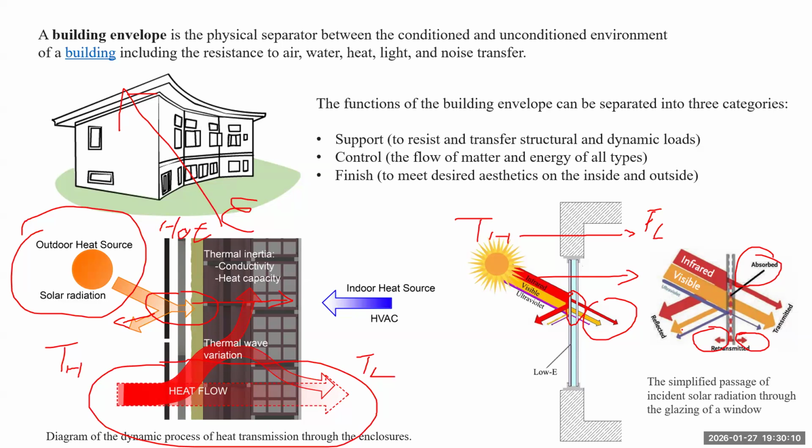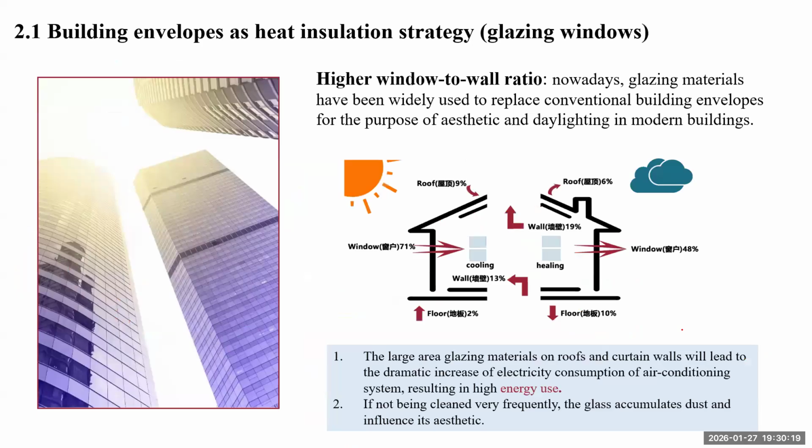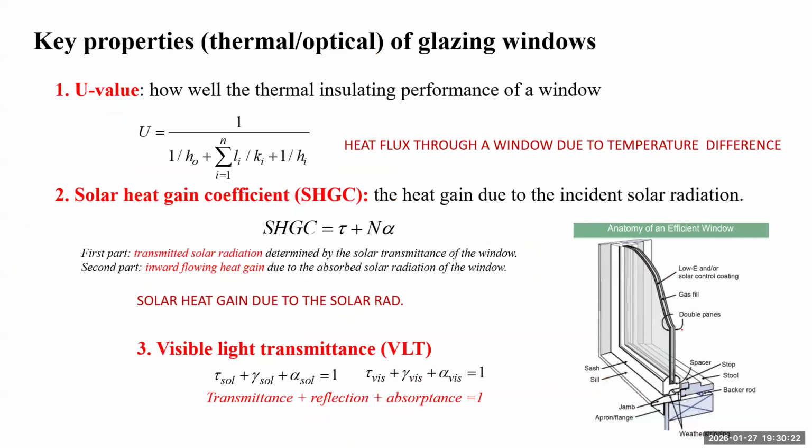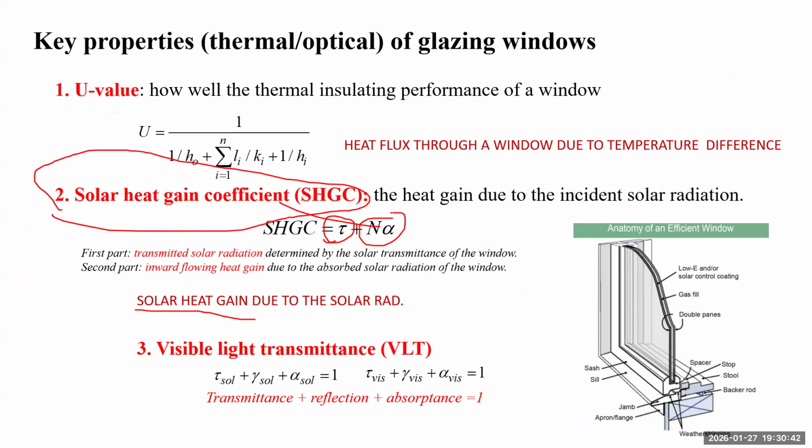We have a scientific term, the solar heat gain coefficient. This is the term to examine the solar heat gain due to solar irradiance. So we consider the transmittance, and we also consider the absorbed heat, how much flows inward due to the absorbed solar irradiance of the window.